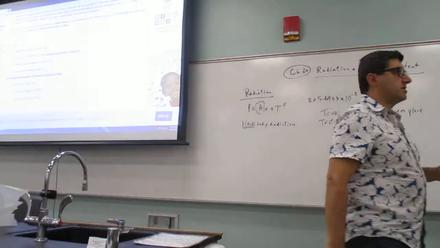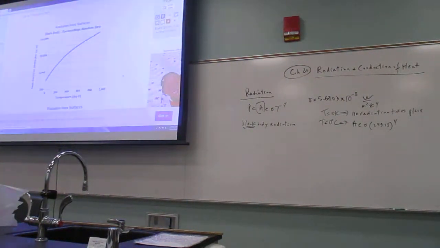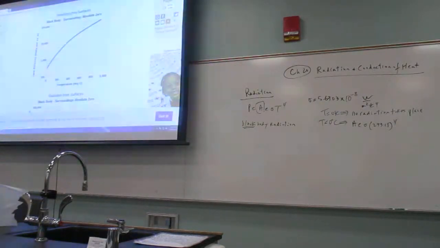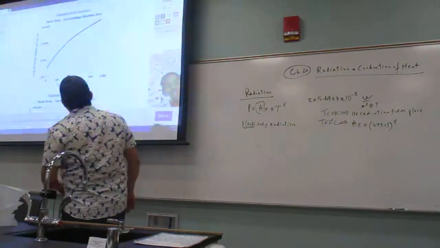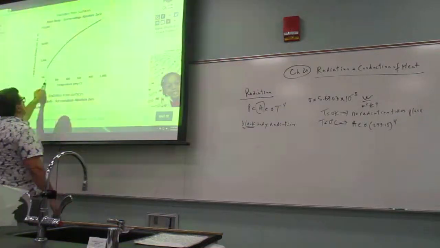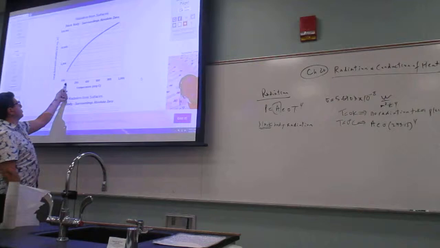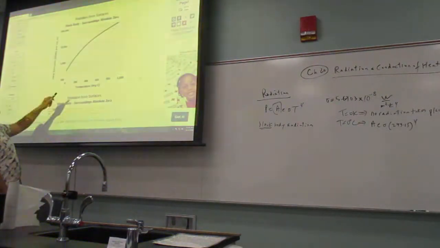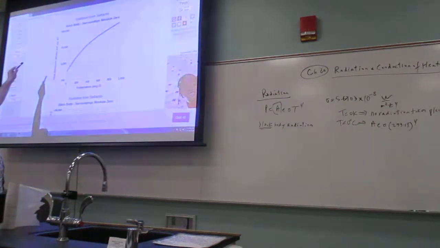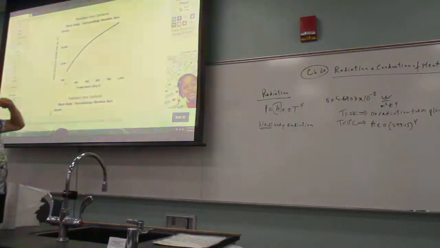So let's see what else it says here. Radiation from surfaces. Heat emission, watts per square meter. And this is the temperature, in degrees Celsius. So at 0 degrees Celsius, you're radiating away, what are the units of this? Watts per square meter. But they didn't give us the area, right?